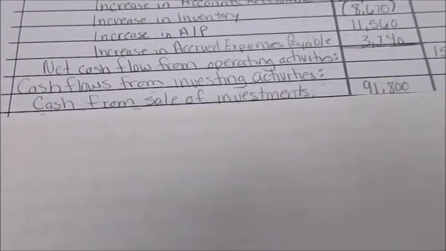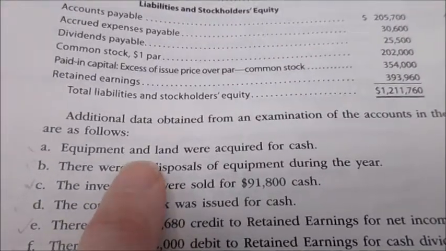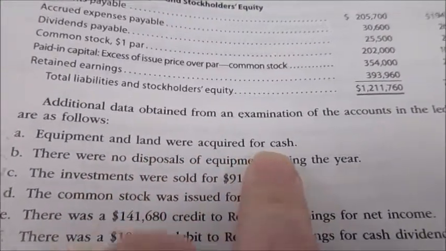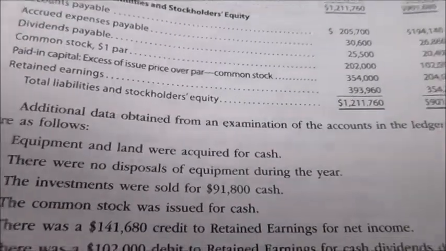The next thing on our note sheet is cash paid for the purchase of land, building, or investments. Our textbook tells us that equipment and land were acquired for cash. It doesn't tell us how much, so we need to calculate that.